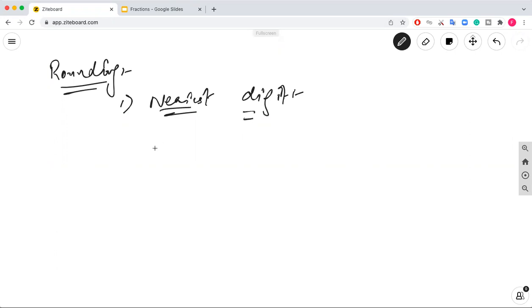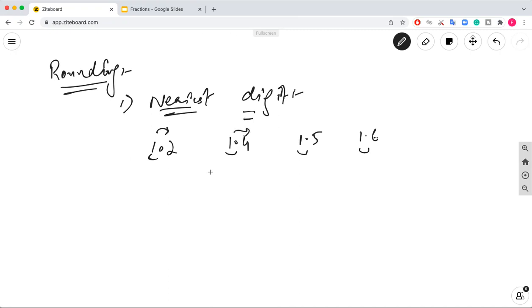Let's consider a basic case with 1.2, 1.4, 1.5, and 1.6. When we are asked to round the unit digit, we look at just the digit after the decimal point.